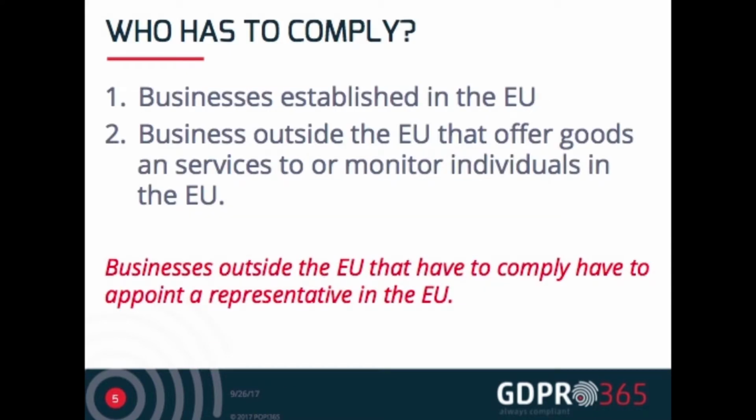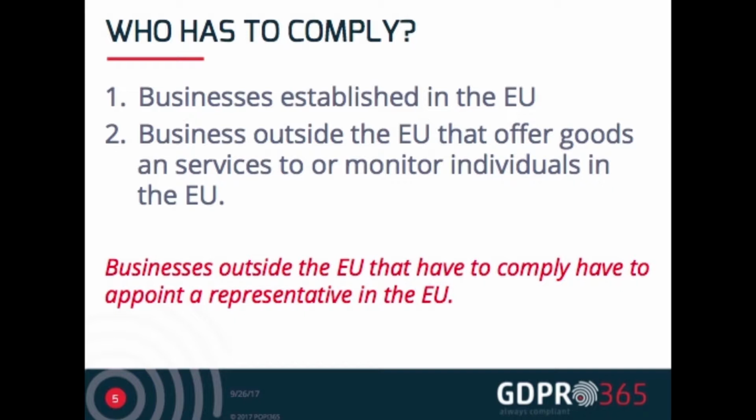So a big question is, who has to comply? Any business or organization with an establishment in the European Union needs to comply. There are now national data protection authorities that have been appointed in every member state.